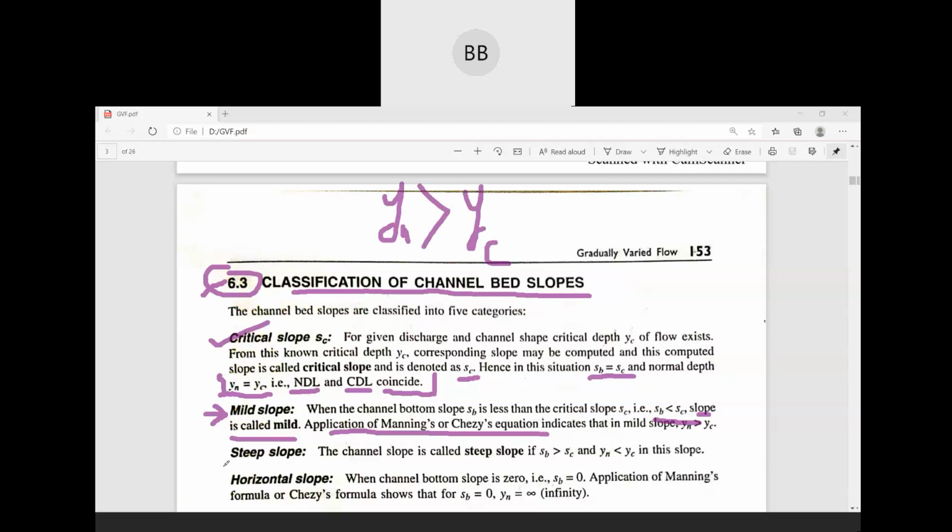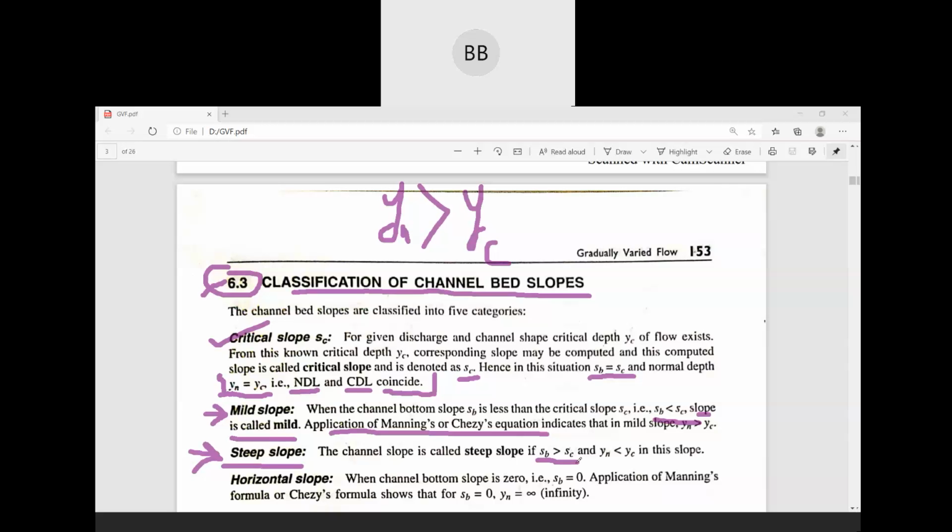Then your steep slope. So first one is critical slope, second one is mild slope, third one is steep slope. So it's reverse of mild slope. In mild slope your bed slope is less than critical slope, and in steep slope your bed slope is greater than critical slope. So it's reverse.